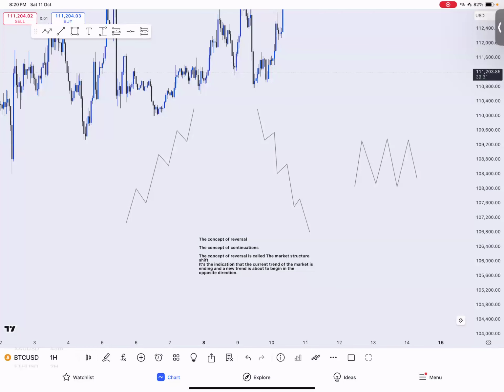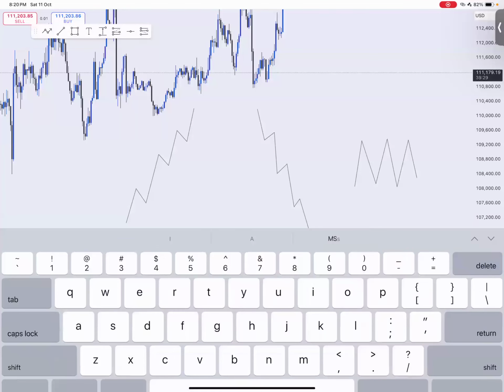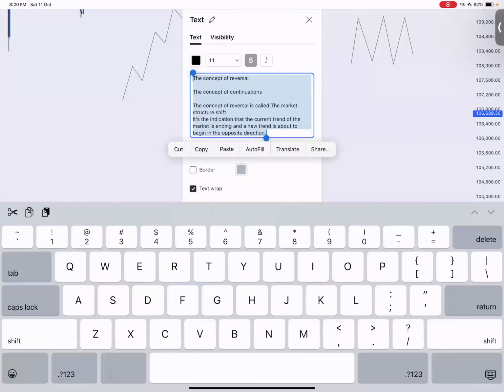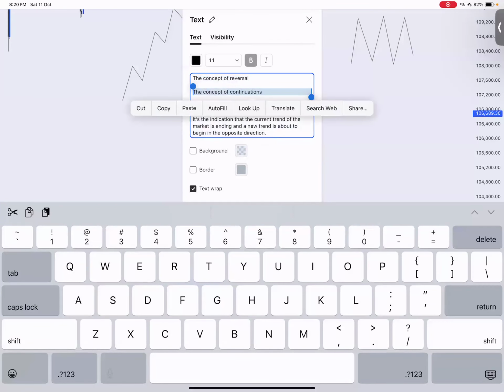This is what a market structure shift is. So the concept of reversals is what you call a market structure shift.